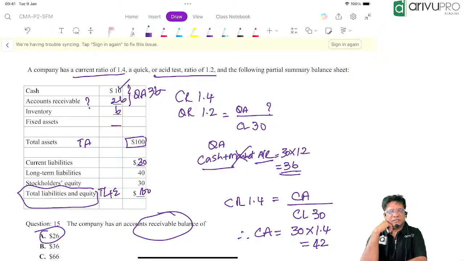Now, 100 minus 42 is 58. 58 should be your fixed asset.